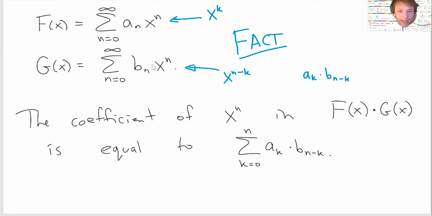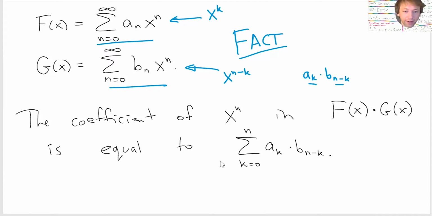If I take the x to the n minus k term here and the x to the k term here, I get a coefficient of a_k from there and a coefficient of b_(n minus k) from here. That contributes to the coefficient of x to the n, but you have to sum that up over all different values of k. So that's all I'm using here.